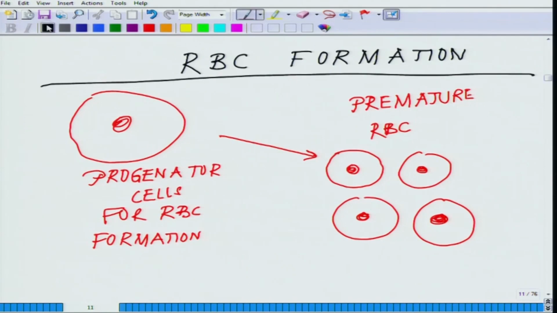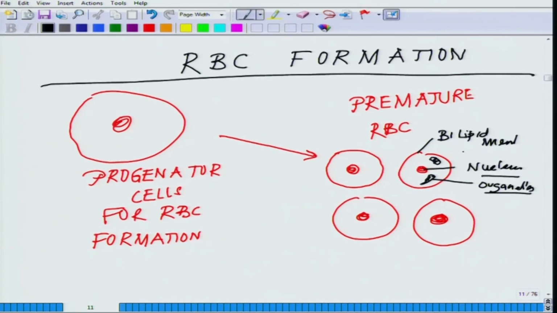They have all the organelles, like the bilipid membrane, nucleus, mitochondria, likewise all the organelles. They are all present.